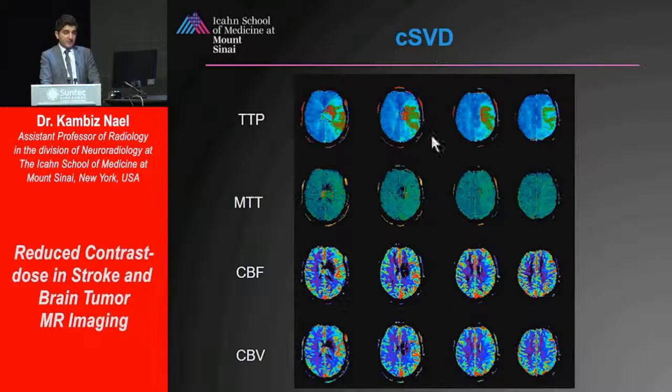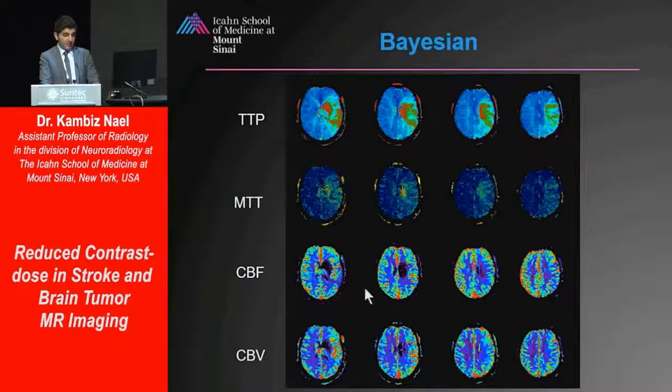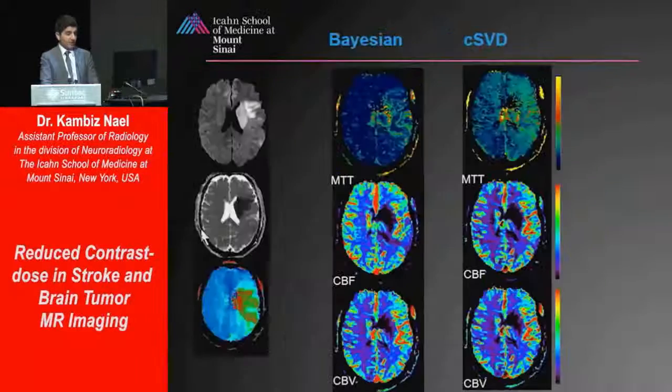So these are CSVD process maps. And these are Bayesian process maps, and I'm going to just focus on 2 slices here. So these are diffusion, ADC, and TTP, or time to peak maps, and I have a corresponding MTT, cerebral blood flow, and cerebral blood volume maps, and you can see the delineation of hypoperfusion is significantly better on Bayesian technique as opposed to CSVD.